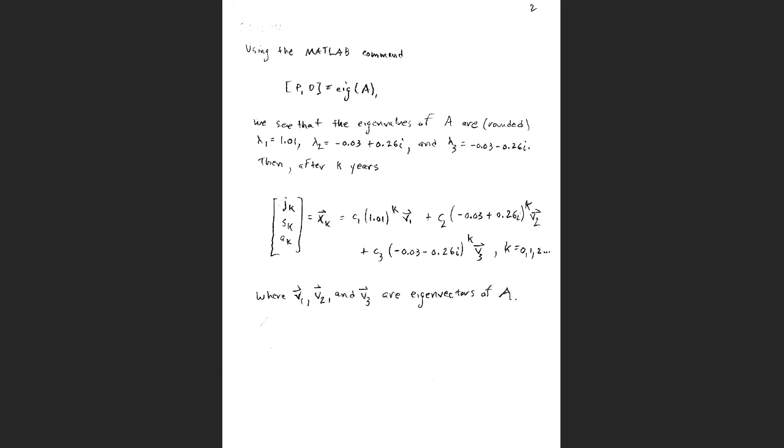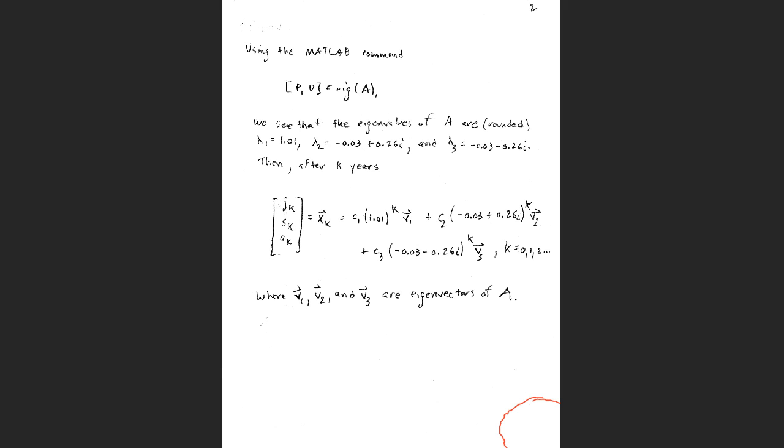Similarly, the third term will also approach 0, 0 as k goes to infinity, because the eigenvalue negative 0.03 minus 0.26i also has a modulus less than 1.